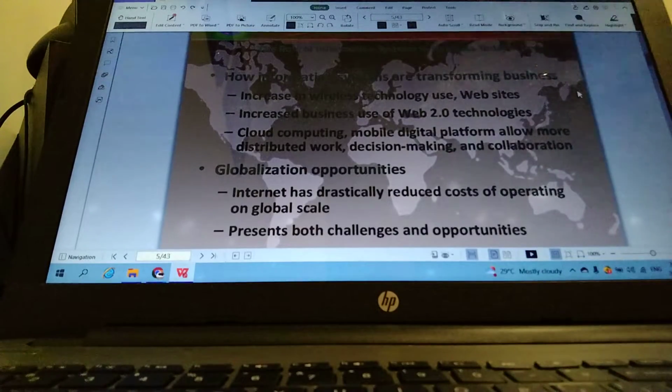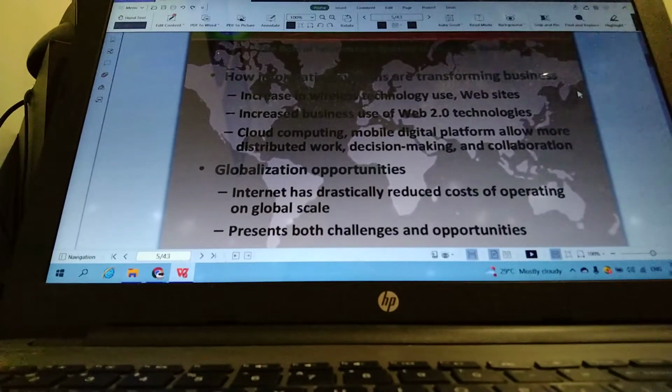On top of that, with the Web 2 technologies, we will look into more details shortly. It is really changing the way we used to manage our business compared to how we are doing it now.